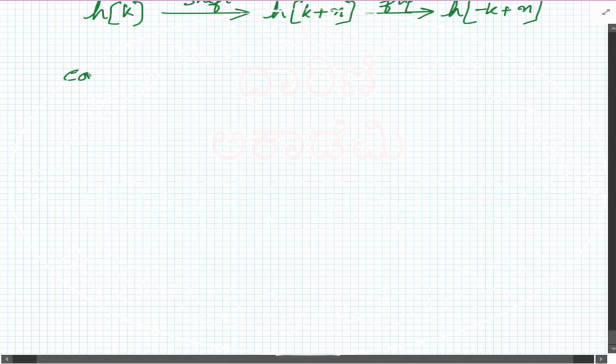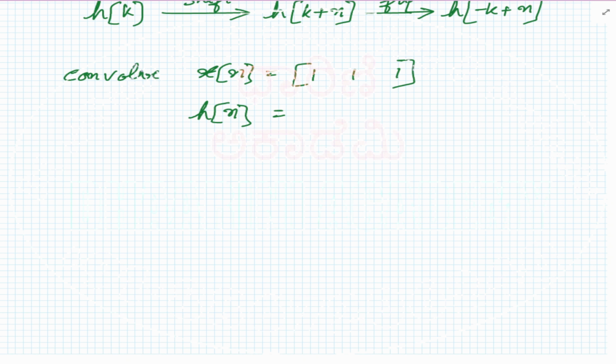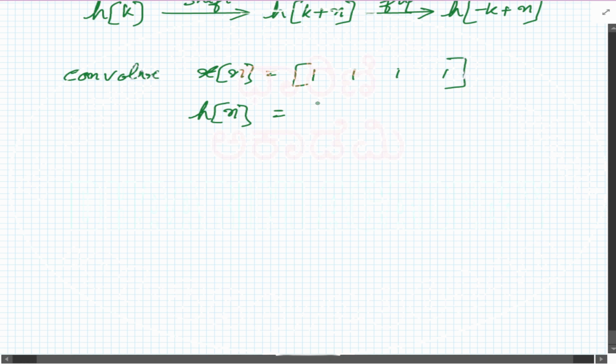The question is to convolve x of n equal to 1, 1, 1, and h of n is, say, I'll add one more one to this. So the first signal is of length 4. This is 1, 1, 1, 1, and the second function is simply 1, 1, 1, 0.